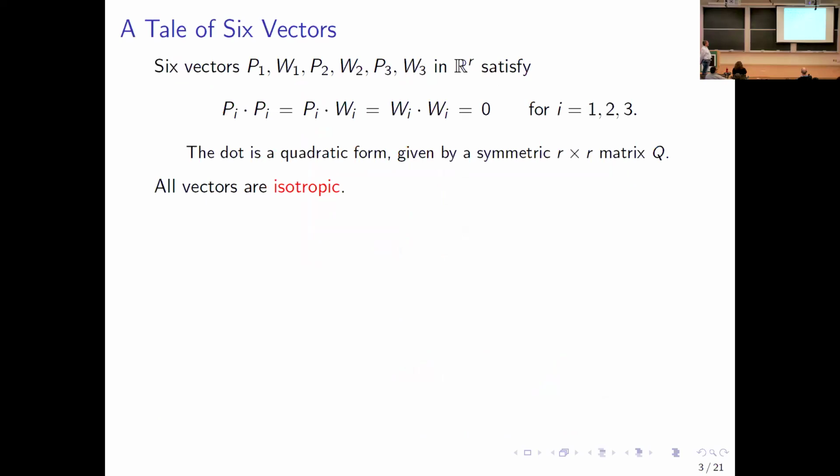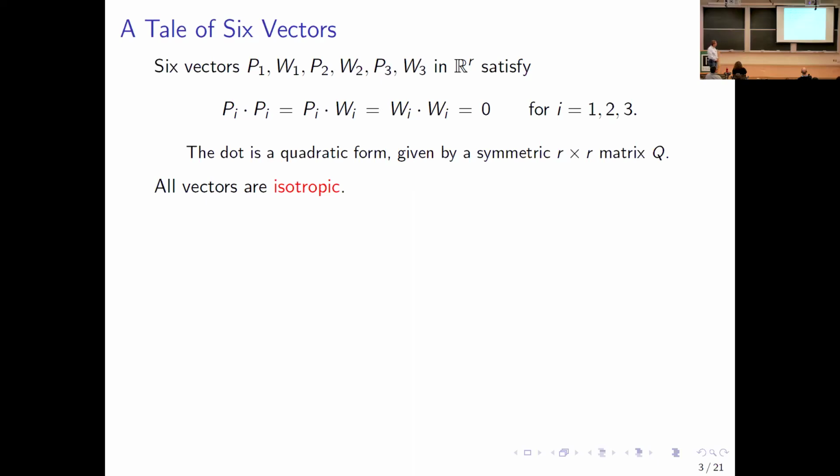Suppose you have 6 vectors in an r-dimensional space, maybe real, and I'm going to call these vectors P1 up to P3, W1 up to W3, and I would like these vectors to be isotropic and pairwise isotropic. So there's some quadratic form on R^r given by a symmetric matrix, some dot product, but not the usual dot product.